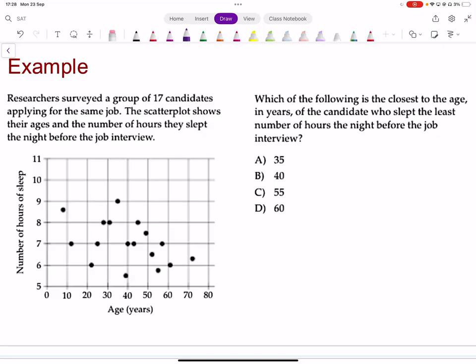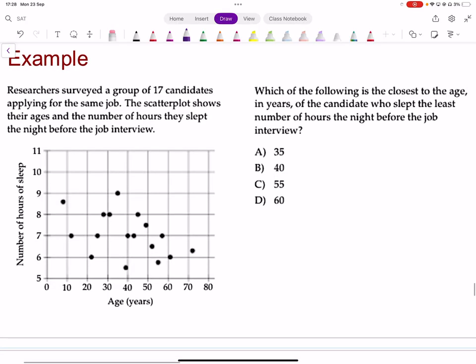Researchers surveyed a group of 17 candidates applying for the same job. The scatter plot shows their ages and the number of hours they slept the night before the job interview. Which of the following is the closest to the age in years of the candidate who slept the least number of hours the night before the job interview? Look at the axes.